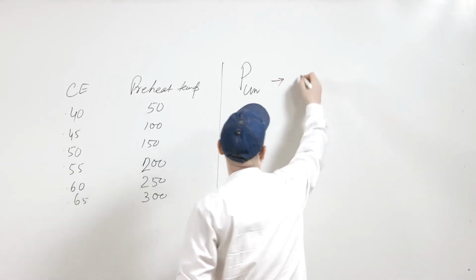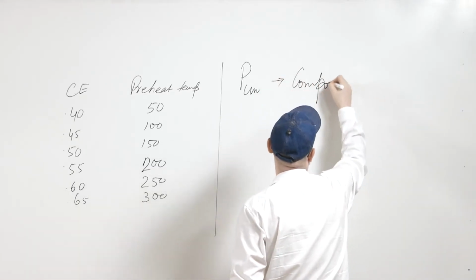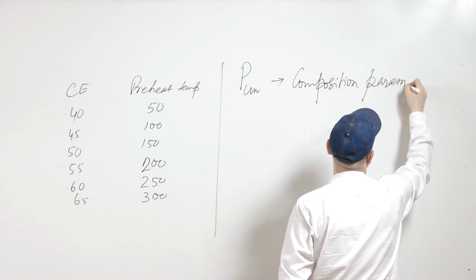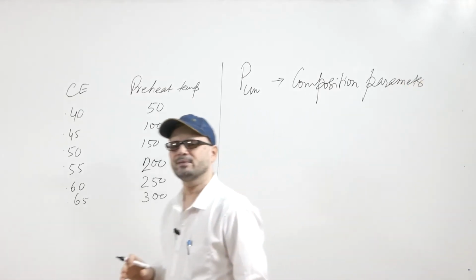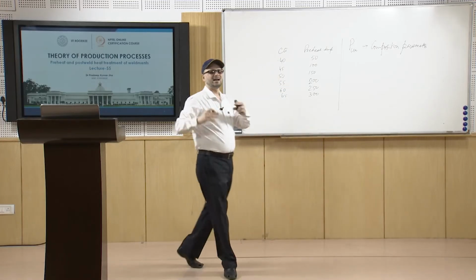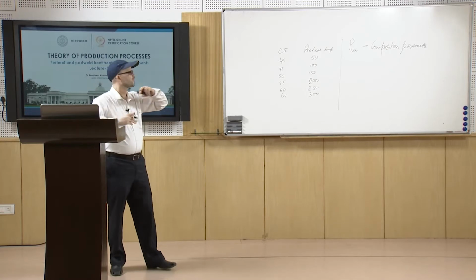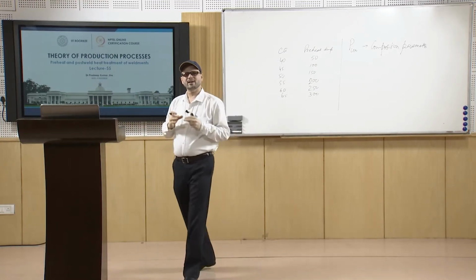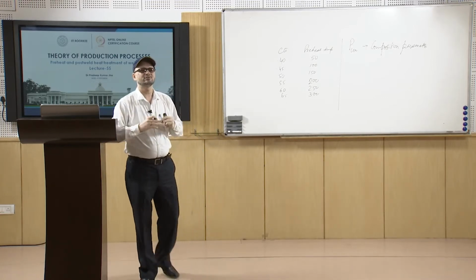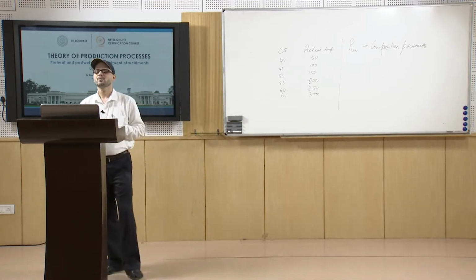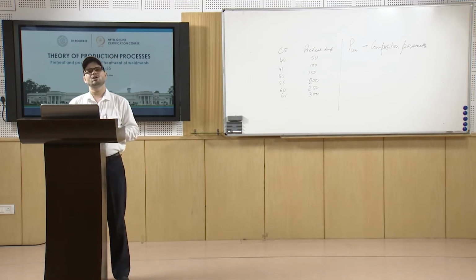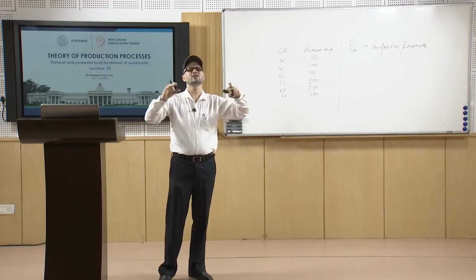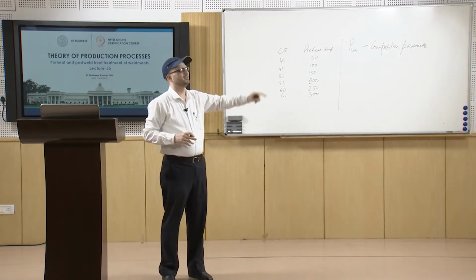This is the composition parameter. The composition parameter is basically a function of the percentage of carbon plus the contribution by the other alloying elements, like silicon, manganese, molybdenum, vanadium, and other elements. So, you have a standard formula, and that formula is used to get the composition parameter.